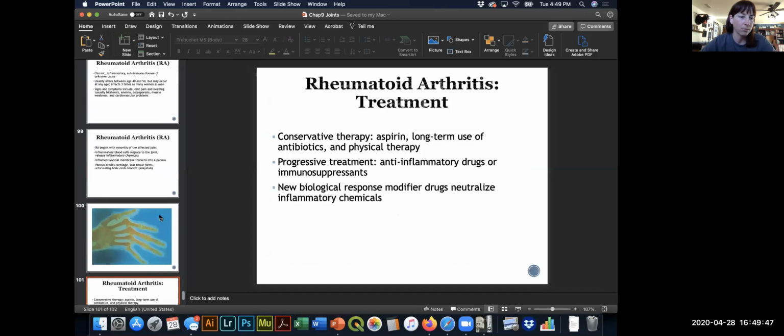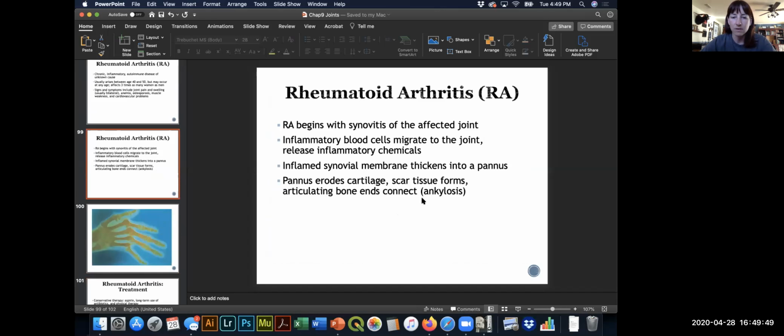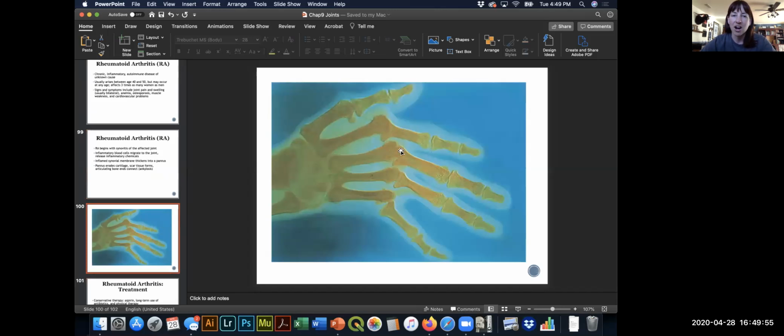That's when the articulating bones ossify together and you lose all mobility. So for all types of arthritis, it is recommended that you try to maintain some mobility by doing little physical therapy movement exercises to keep this from happening.